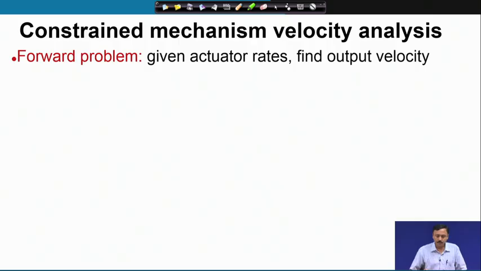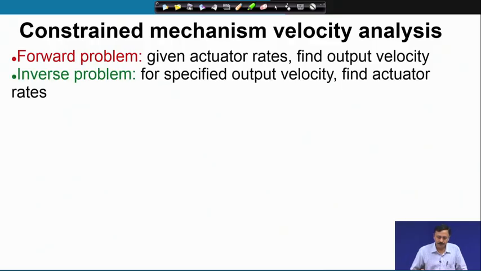Now, there are two problems in velocity analysis, as in the displacement analysis. The forward velocity analysis problem states that given the actuator rates, find the velocity of the output link. The inverse problem is about finding the actuator rates given a specified output velocity.